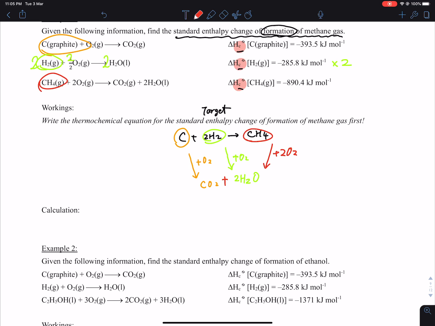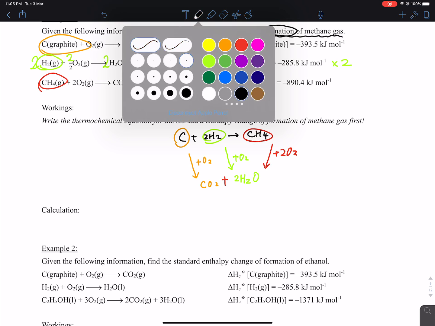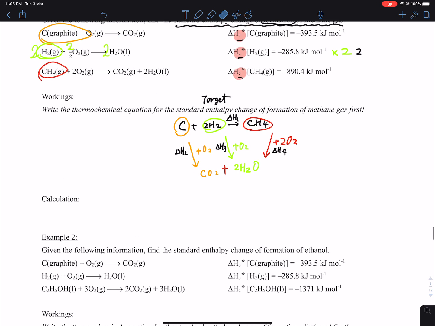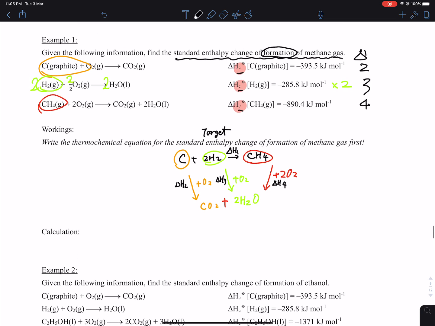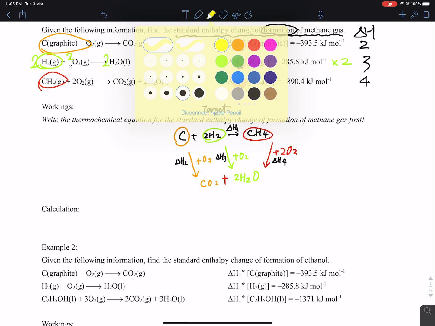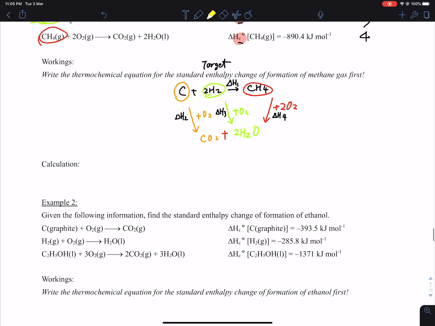So it's done. Let's take a look at how to label them and calculate the rest. Delta H1, delta H2, delta H3, and this is delta H4. So this is equation 1, 2, 3, 4, delta H2, 3, 4, okay? Once again, for the enthalpy change cycle, the second last step is to find a common starting point and common ending point.